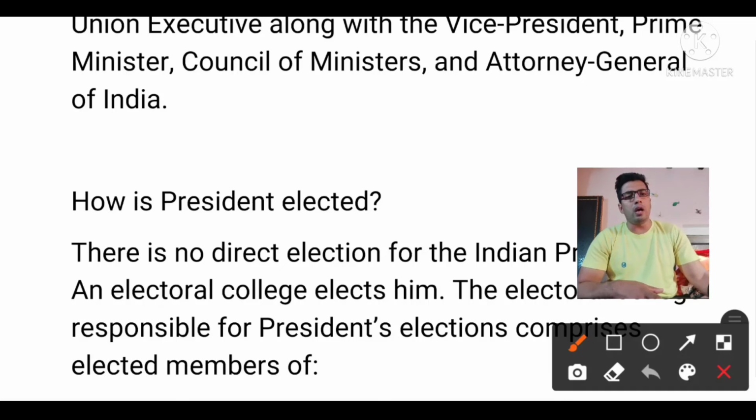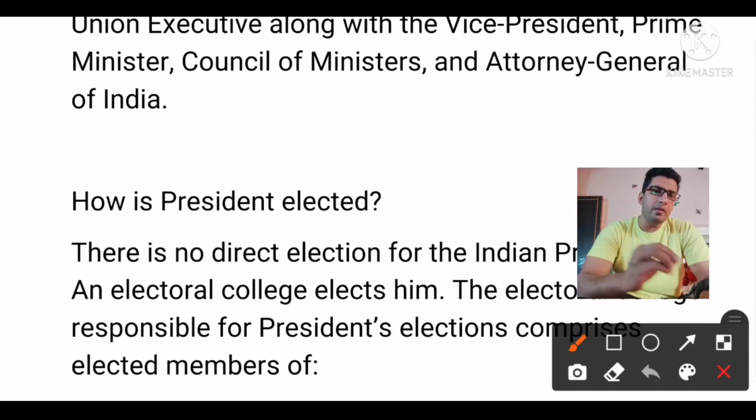And I want to discuss one special veto power available in the USA, but that power is not available with the Indian president, and that is called the qualified veto. Qualified veto means whenever the president does not consent to a bill, he would return the bill. But if they pass the bill again with the same majority, then the president can deny it.